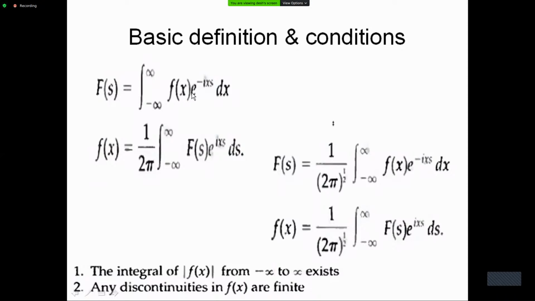All others will not survive because of mutual orthogonality. This is how you will filter out the amplitude, and if there is any phase difference in the representation of that particular sinusoid in the summation of such sinusoids giving rise to this f(x), only that term will filter out. And this is the basis of extracting the information about the amplitude and phase of the component at s given the function f(x).